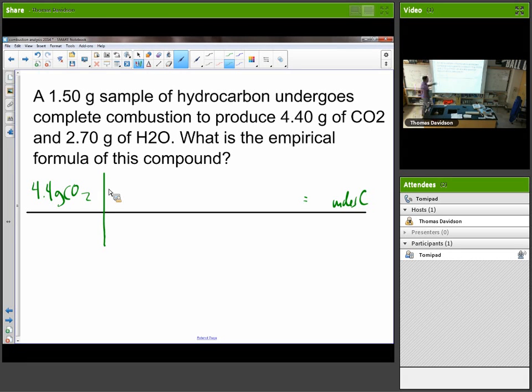How did we convert the gram to a mole? 6.0? No, that would put it into atoms. We don't want that. Divide it by its molar mass. So we add up a C and 2 O's, and it's 44 grams per mole.